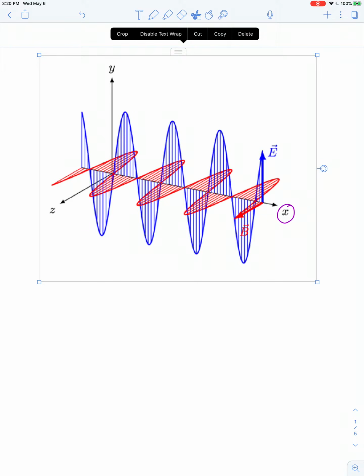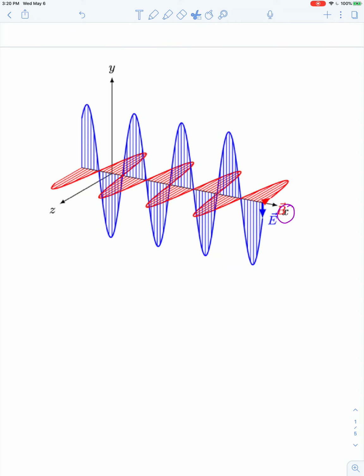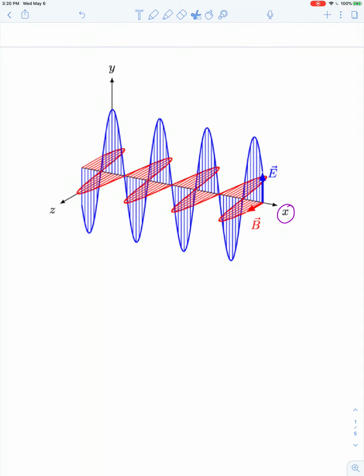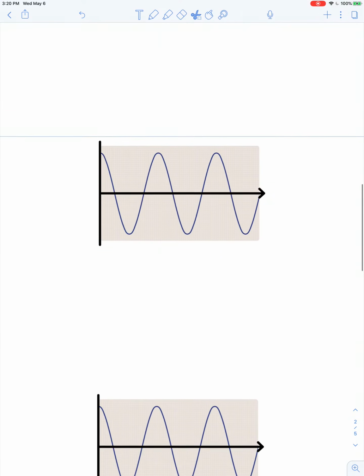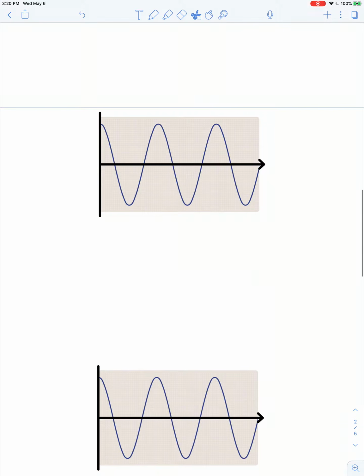The electric field is oscillating like a sine wave. And if I stop it right here, it looks like cosine. So I've made a snapshot in time so that the electric field, with respect to position in space, plots out as a cosine wave.